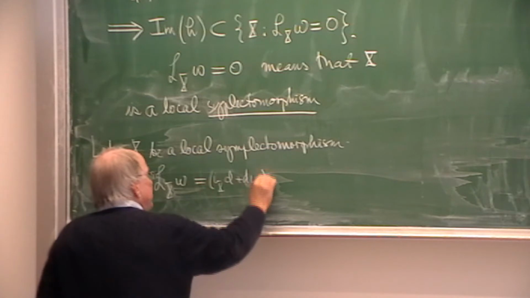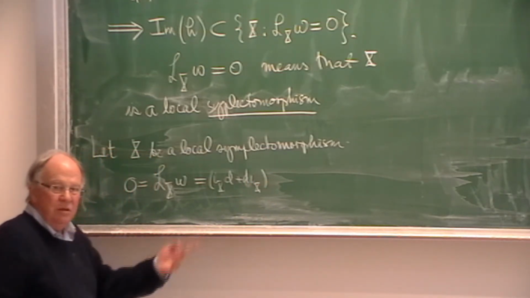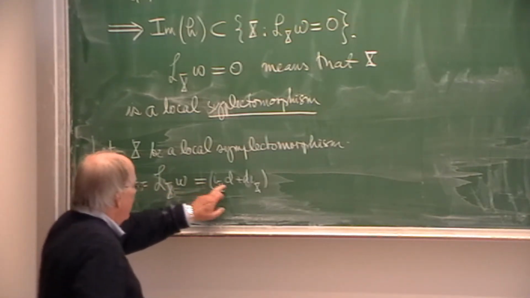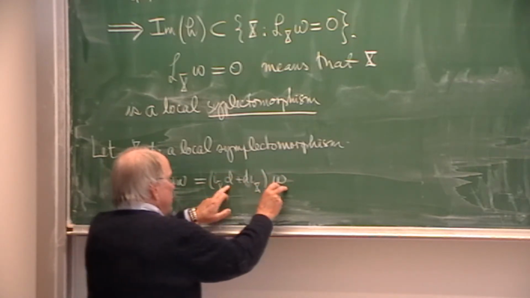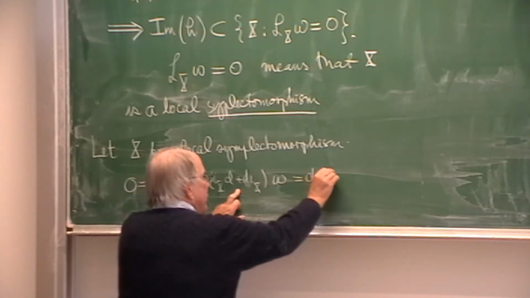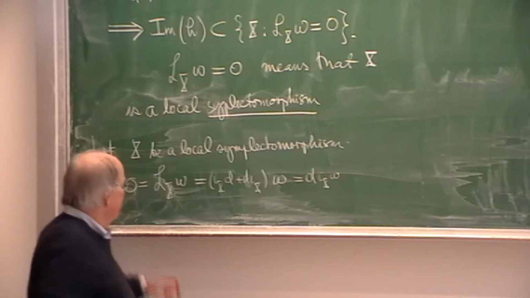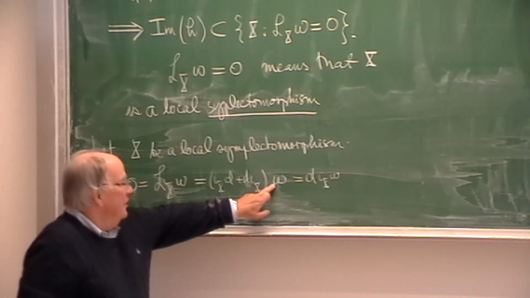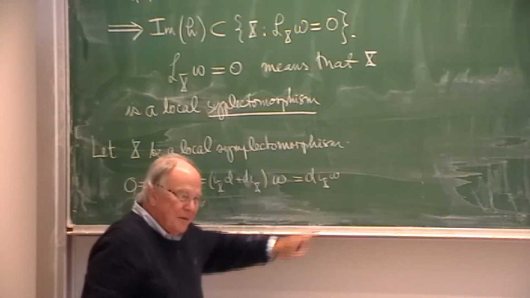This beginning part of the thing you can teach a child in grade school because you apply these things blindly. And d of omega is 0, so that implies that d of the contraction of X with omega is 0. Okay?